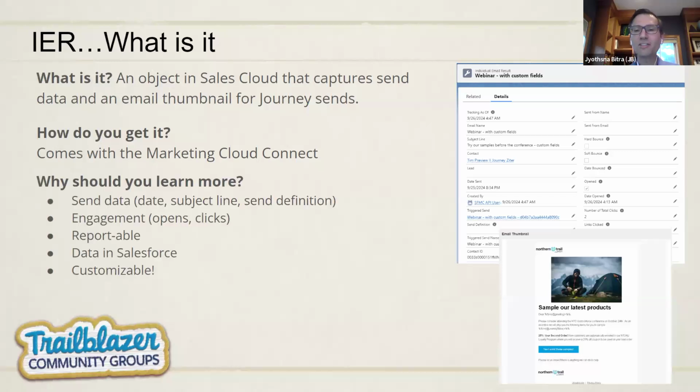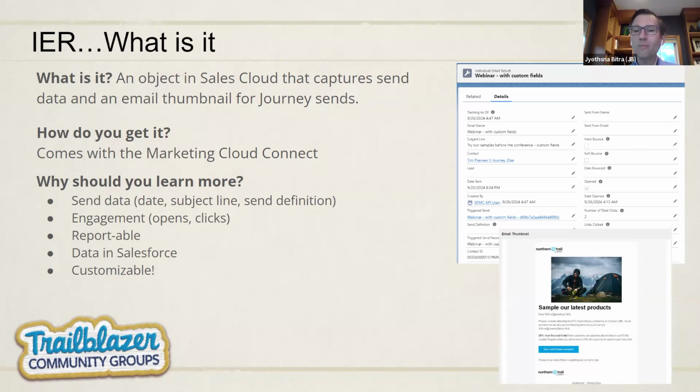So why should you want to get to know the individual email results in the Salesforce CRM environment? As you'll see, it gets populated with some pretty amazing send data. Not only the date, but also details about the email itself, like the subject line and the name of the email. It will also be updated with engagement, so when it was opened or clicked.